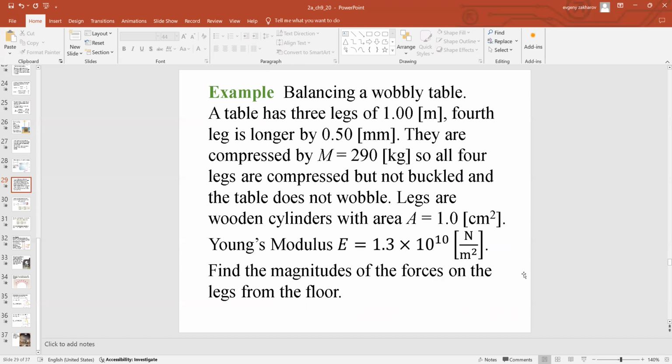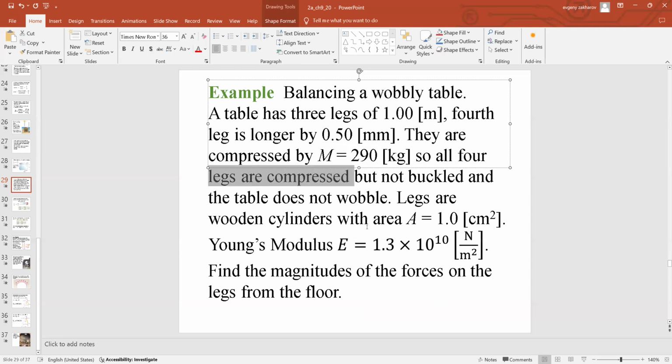There is this little problem with balancing a wobbly table. I'm pretty sure you've noticed that some tables do wobble, and it's kind of annoying. So in order to solve the problem of a wobbly table, you can put a huge load on top of it, say 290 kilograms on top of the table, and legs would be compressed.